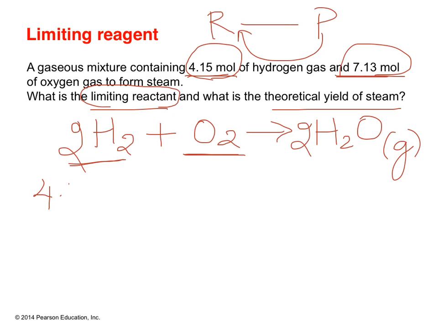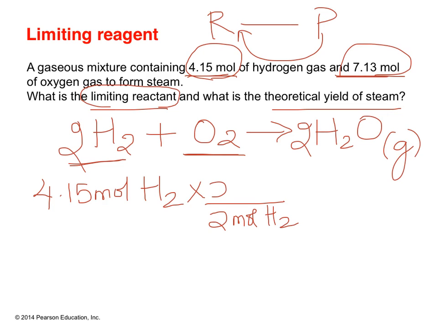So the first one is 4.15 moles of hydrogen, and we convert this to moles of steam. Every 2 moles of hydrogen yields 2 moles of steam, and so this will give us 4.15 moles of water or steam.